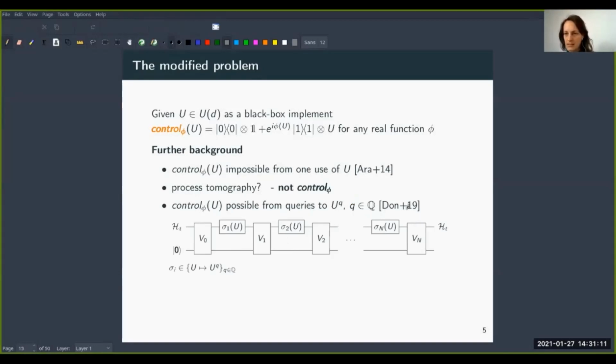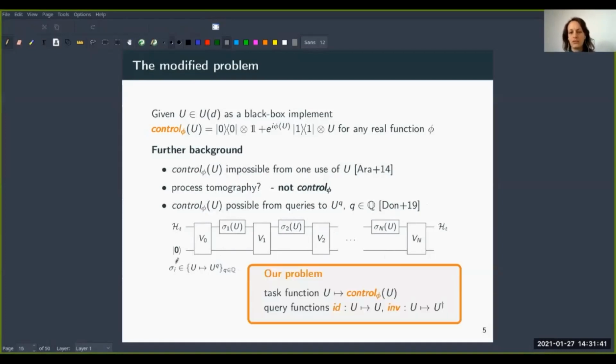Namely, Dong and others have shown a unitary algorithm that can do this. This can be represented without loss of generality by this diagram, where sigma i are what I call query functions from the unitaries to linear operators on some matching Hilbert space, and the query functions in case of the algorithm of Dong et al. are fractional powers.